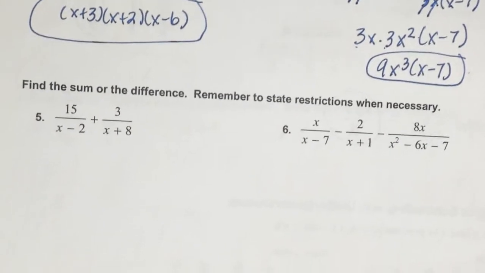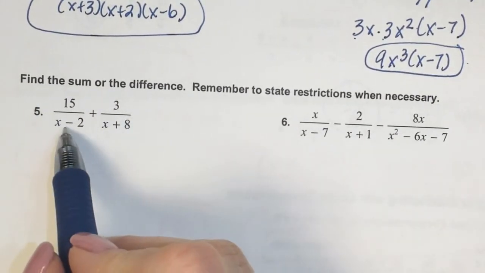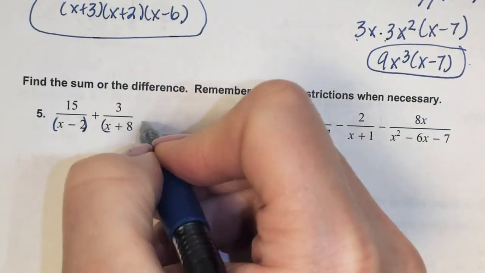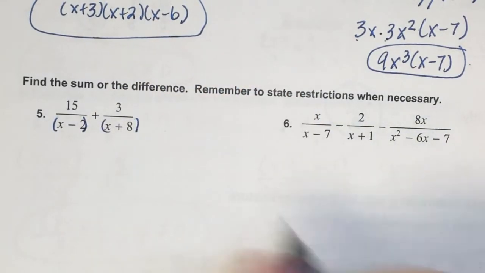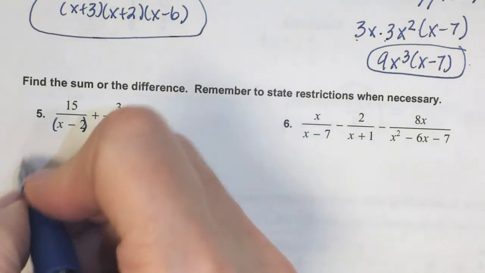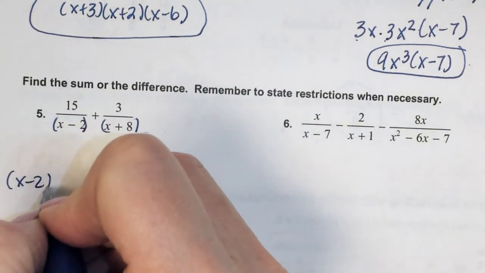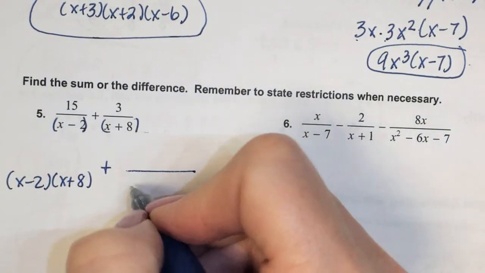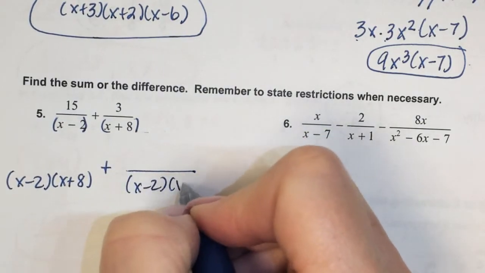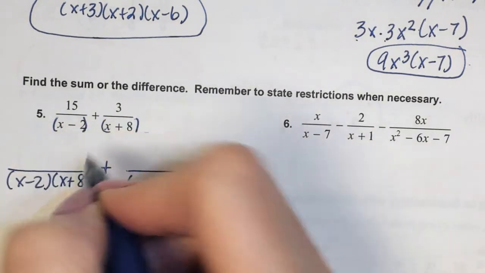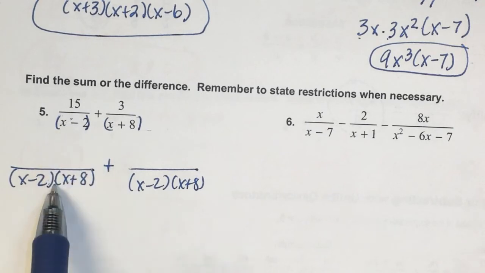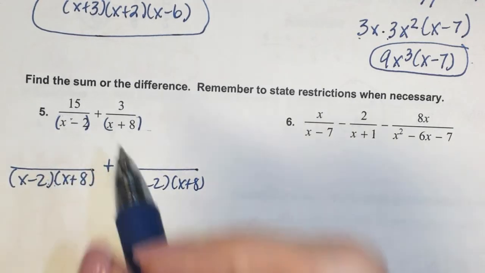All right, let's try a problem now. This is already factored. It's x minus 2. This is already factored. It's x plus 8. Do they have any common factor? No. So my common denominator is going to be x minus 2 times x plus 8 for both of the terms. So which factor is this one missing? x plus 8, right?